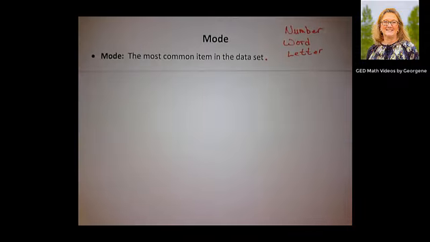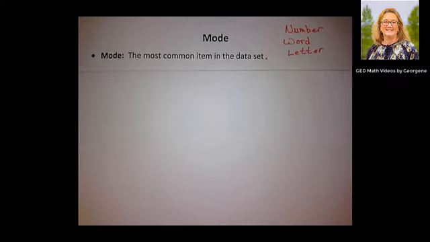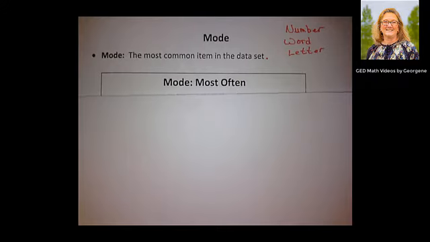It's qualitative data, so it could be something other than a number. And we'll look at an example of that as well. So it is the item that is the most common or the most often.